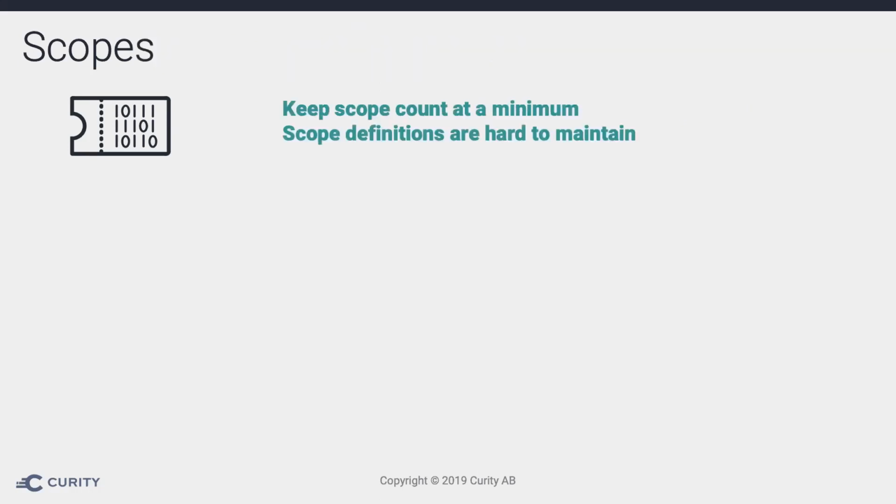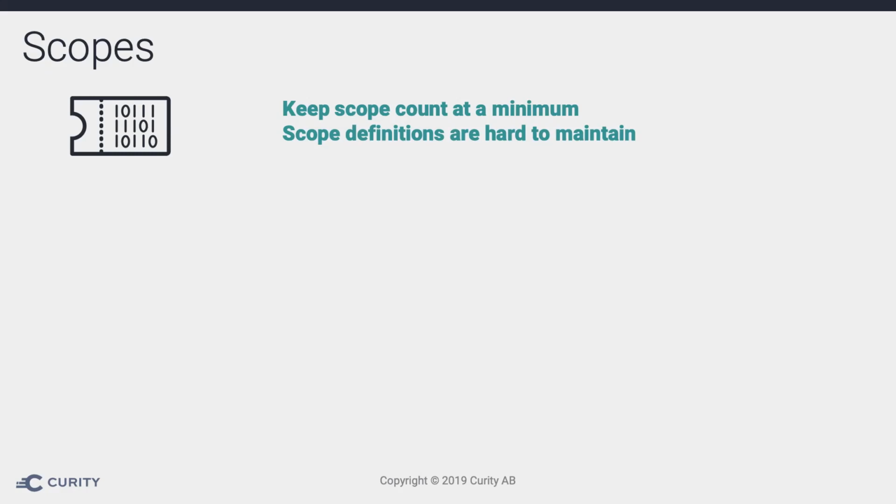So to summarize what I think about scopes, you should keep the scope count at a minimum, because they are hard to manage. And if we have a lot of different scopes, it's hard to communicate between the different players in an environment on what scopes are available for every client and things like that. They're hard to maintain.